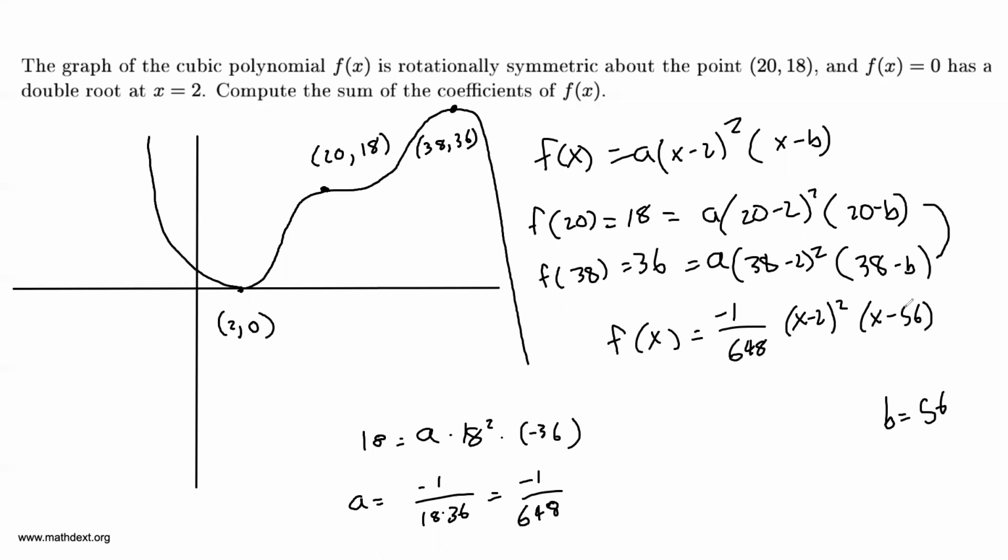So the sum of the coefficients when x equals 1, you just plug 1 in, you get negative 1 over 648 times 1 minus 2 squared times 1 minus 56. For a final answer of negative 1 over 648 times negative 1 squared is 1, and this negative 55 over here, and you get 55 over 648.